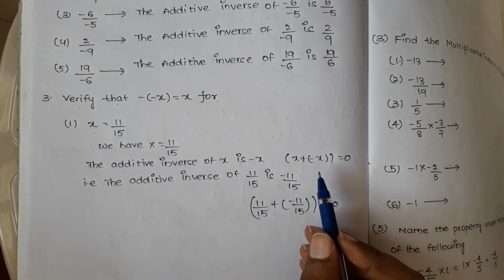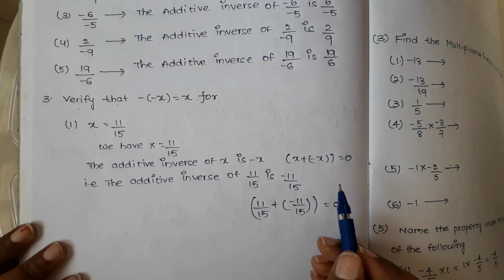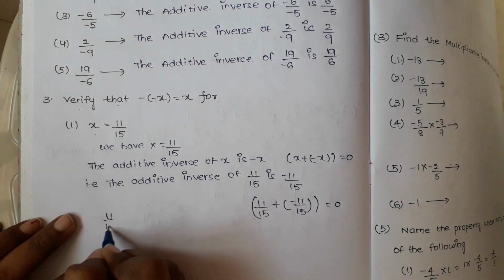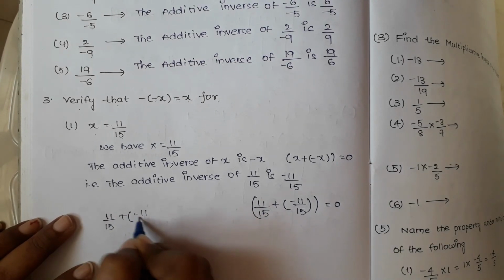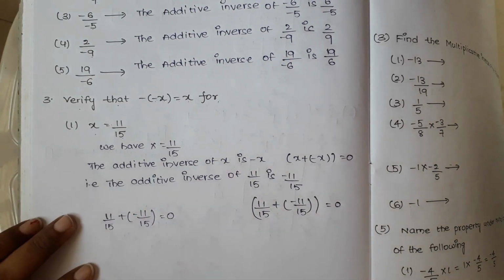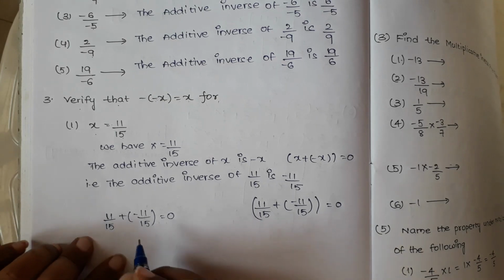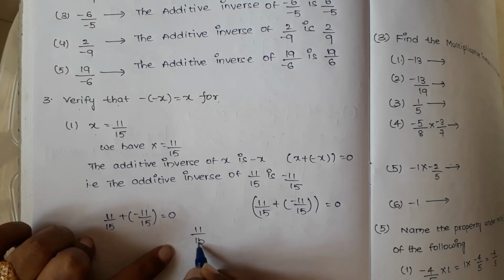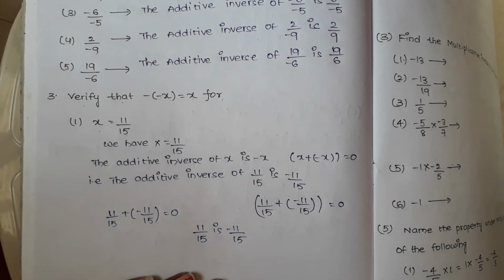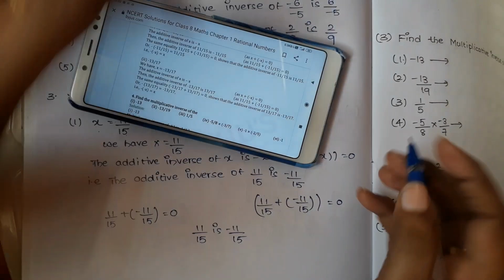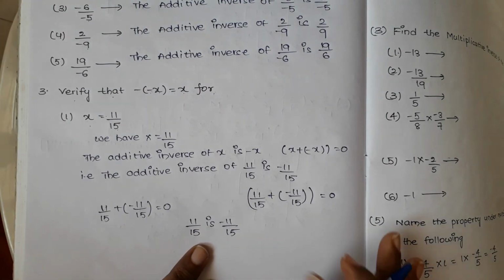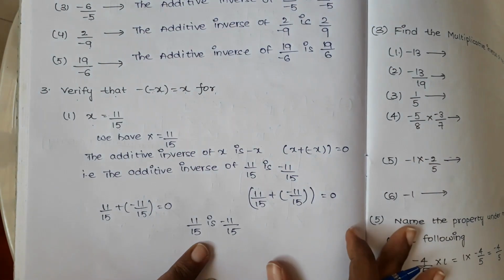Here the same equality 11 by 15 plus minus 11 by 15 equals 0 shows that the additive inverse of minus 11 by 15 is 11 by 15.